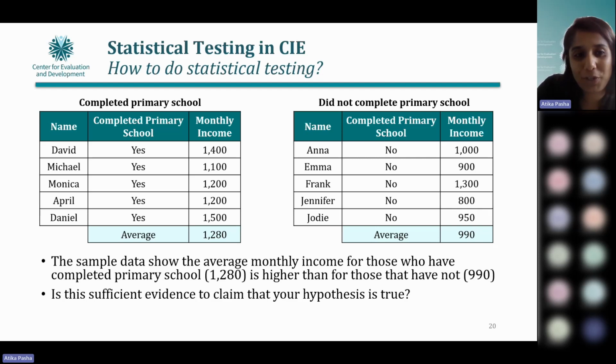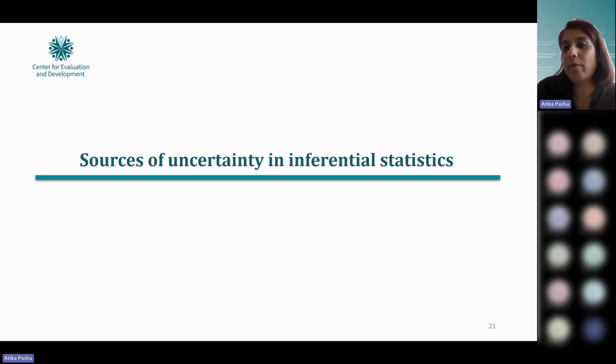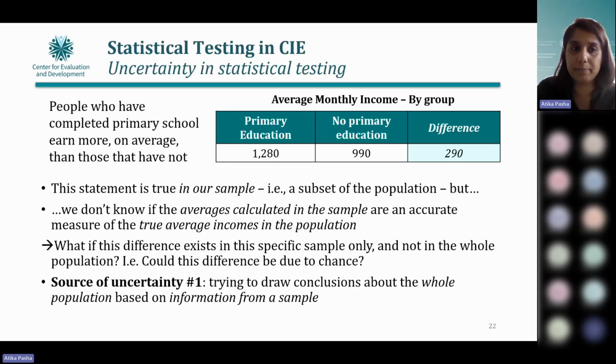But now we start questioning whether or not this is sufficient evidence to reject our null hypothesis, or basically to support our hypothesis that higher educated individuals earn more. And this is where we talk about the uncertainty that we likely observe in statistics. The first uncertainty is related to the difference we observe in our sample.